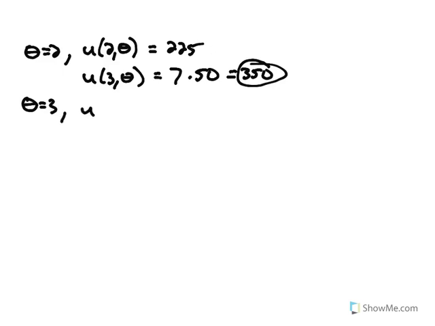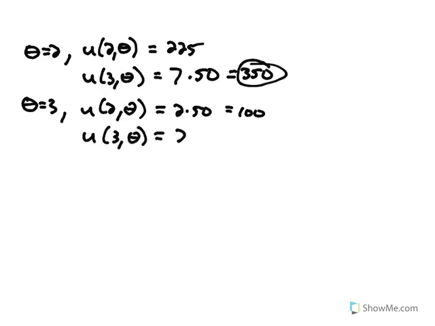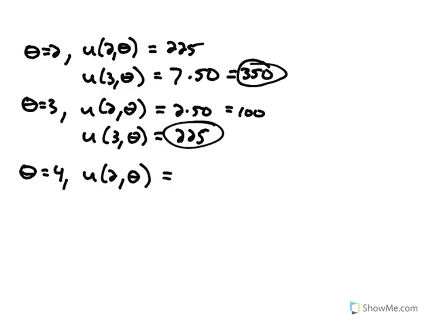If theta equals 3, the utility of block 2, given theta, is just the blocks 1 and 2 combined, so 2 times 50, whereas the utility of block 3, I get to split everything, which is 225, which is better. 225 is better than 100. If I believe she locates at block 4, my utility of playing block 2 is now going to be block 1 and block 2 and half of block 3.